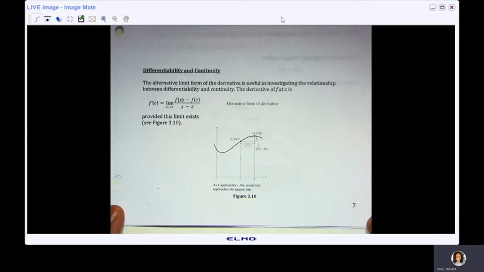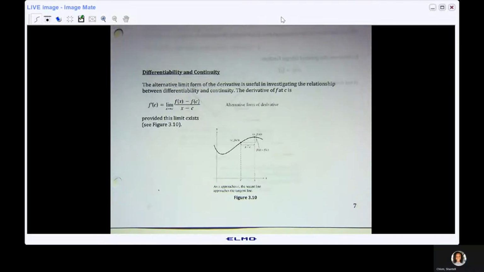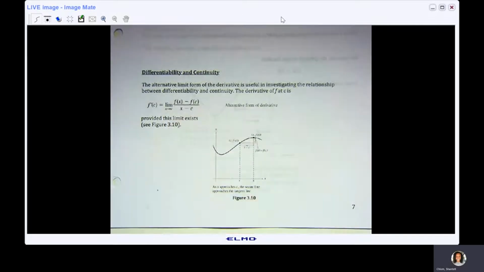Before we do that, I wanted to make sure I mentioned something about continuity as well. Keeping in mind the derivative, the alternative limit form of the derivative is useful in investigating the relationship between differentiability and continuity.